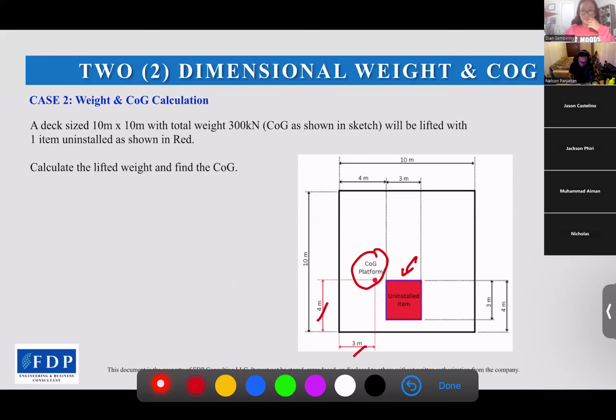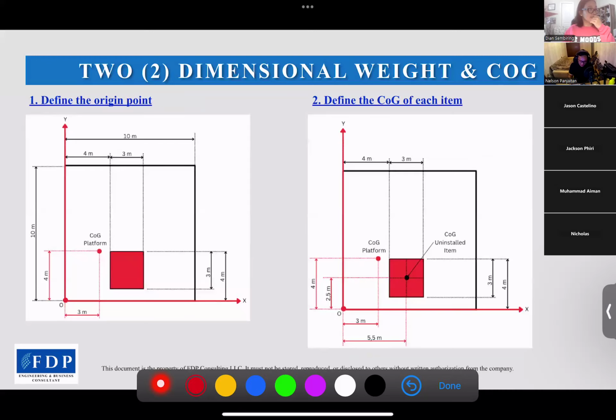All right, for this, we need to define the origin point. I will put the origin point here. After we define the origin point, we define the COG of each item. As mentioned in the beginning, the COG of the platform is the total, meaning the total of the platform including the uninstalled item.